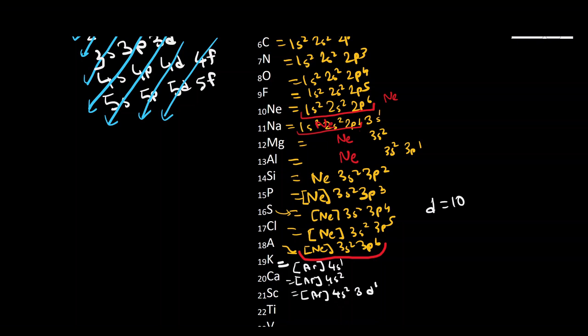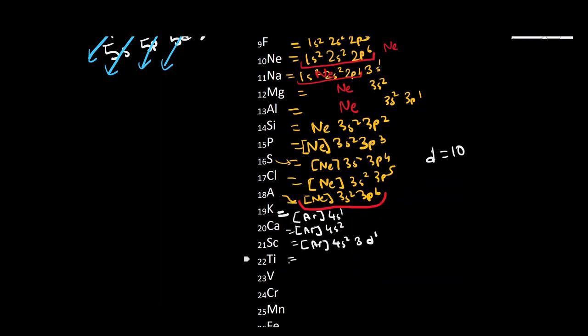Now let's continue. 21, and 4s2 3d2. 4s2 3d3. Now this is where, as I've mentioned, some exception happens.